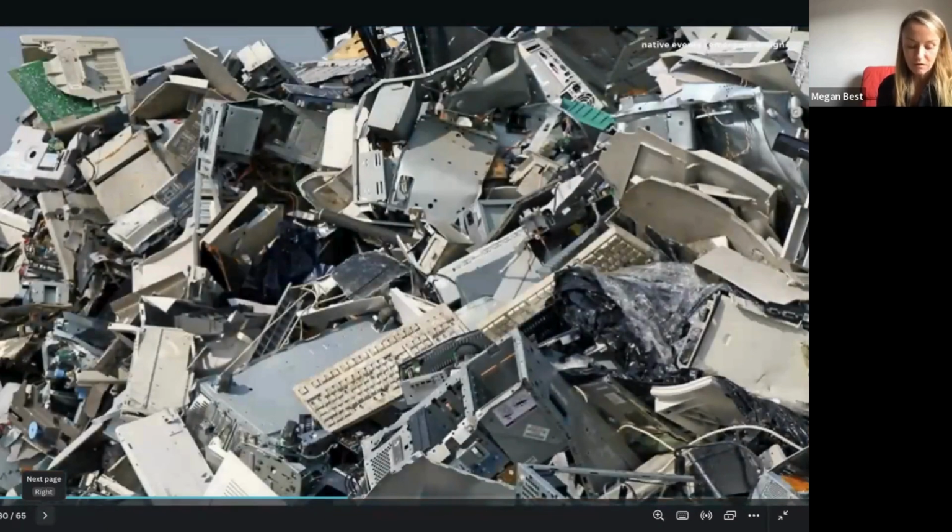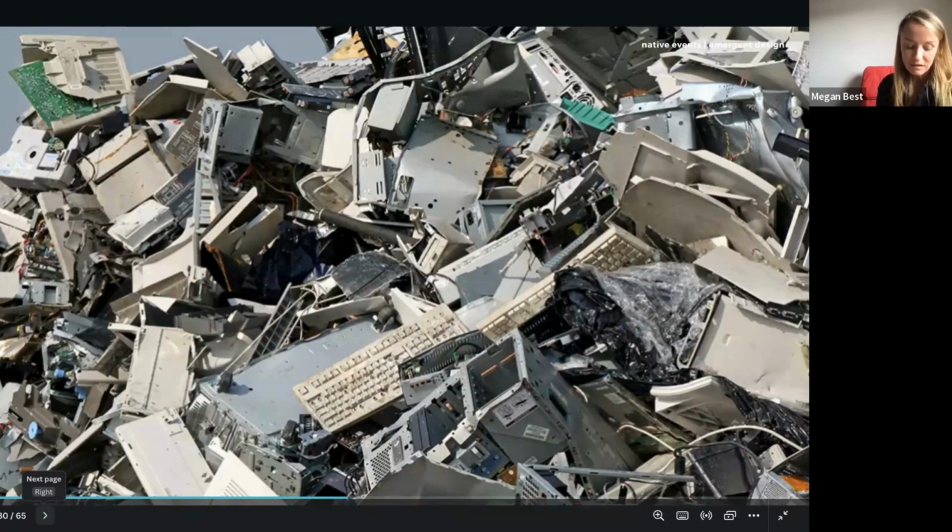Looking in more detail then at electronic devices such as smartphones, laptops, tablets, and household appliances, which are integral to our daily life. They're complex, as I said, composed of multi-materials and intricate components that enhance that functionality but complicate our recycling efforts. So they often contain hazardous substances like lead, mercury, cadmium, and brominated flame retardants.